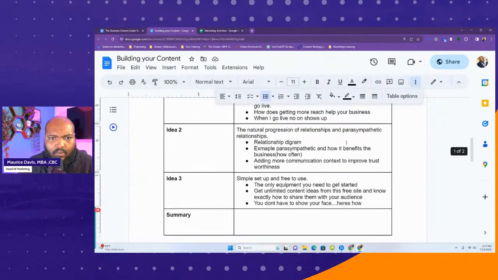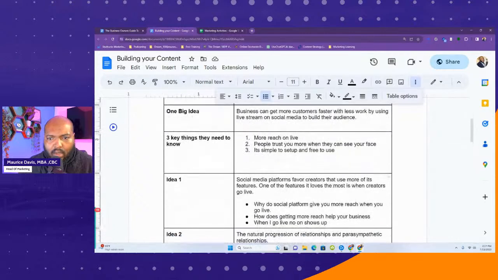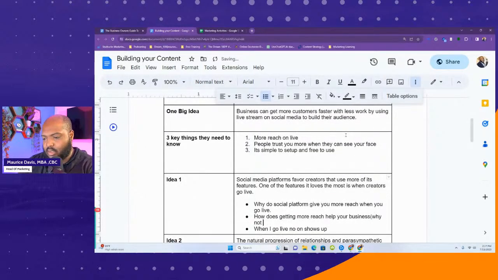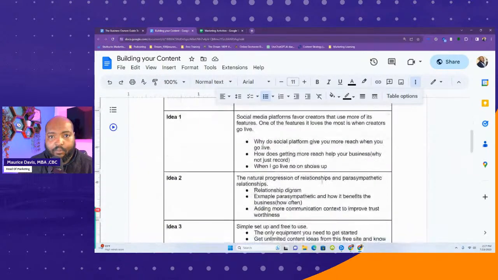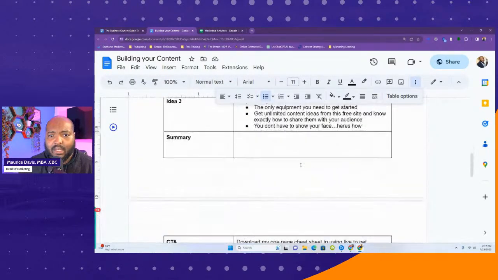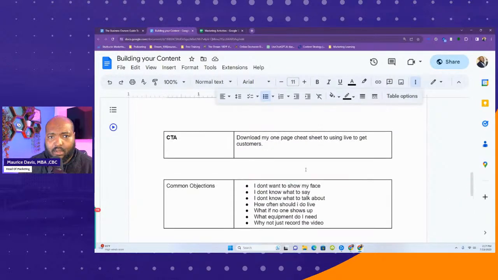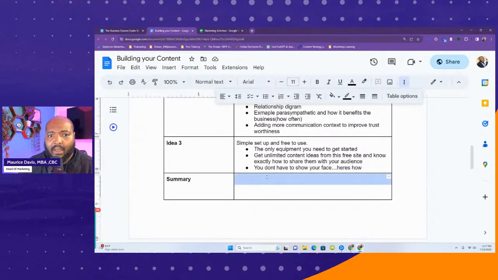Why not just record the video? Okay. So these are the objections that I'm looking to overcome when I write this content. Now, this is virtually the outline for the content that I'm going to create. Right. So in that little bit of time, we've come up with an outline for our content, and we've decided what that content needs to look like.